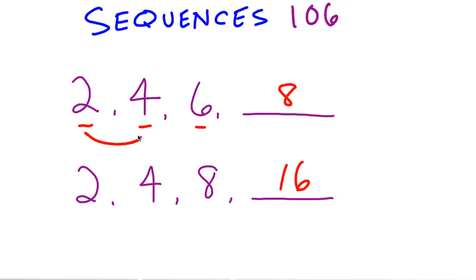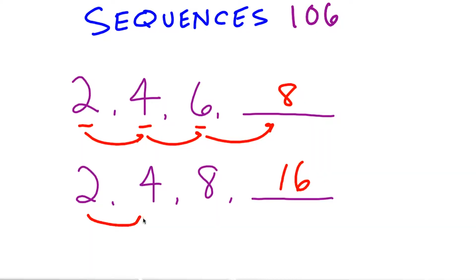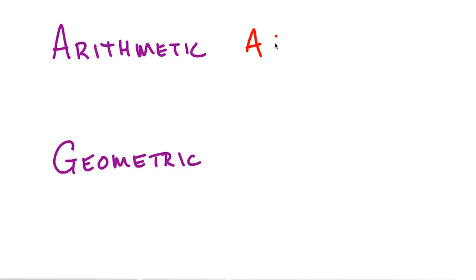We went from 2 to 4, 4 to 6, and 6 to 8. In the second sequence, what did we do? We went from 2 to 4, 4 to 8 by multiplying by 2, and then 8 to 16. So an arithmetic sequence is add or subtract. A geometric sequence is multiply or divide.